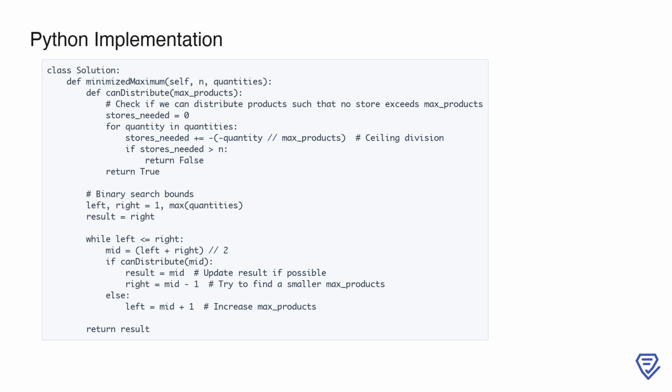The loop exits when the range is exhausted, and the smallest feasible value for max_products is returned. This approach runs efficiently in O(m * log(max_q)), where m is the number of products and max_q is the largest value in quantities. Binary search minimizes the number of checks, and the helper function ensures the constraints are met for each candidate value. This guarantees the optimal solution.